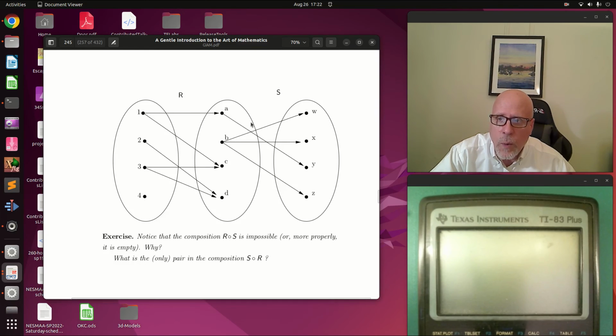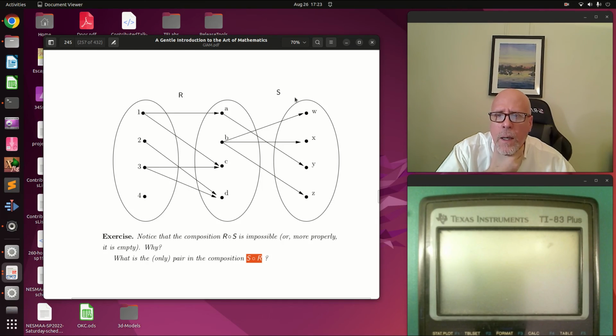So are we looking at R∘S or S∘R in this case? The way this composition is drawn out, you see the chaining of things. This would be R first and then S, which is reading right to left, S∘R. So it says R∘S is impossible. Why does it say that?